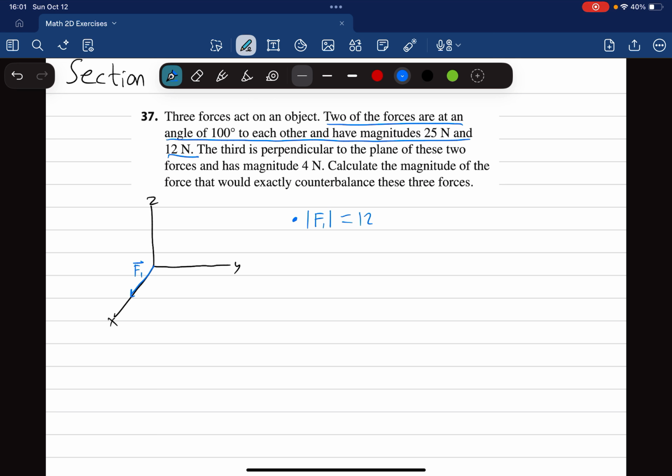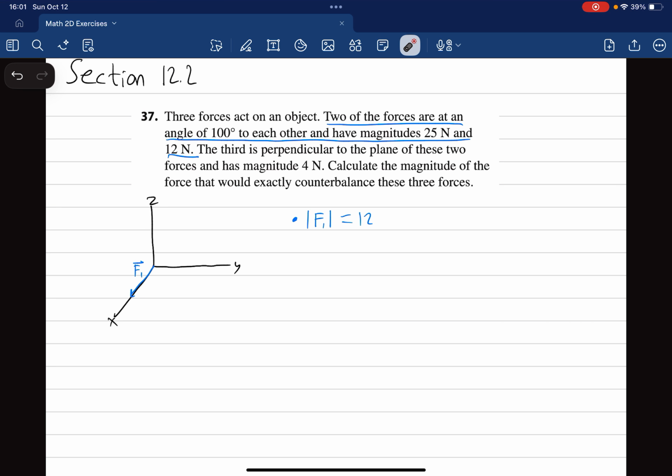Our second vector, to make things convenient, all we need is that it's 100 degrees apart from force 1, but it'll be convenient for us to draw it such that it lies on the xy plane too. And once again, we'll see why this is the case once we start doing calculations.